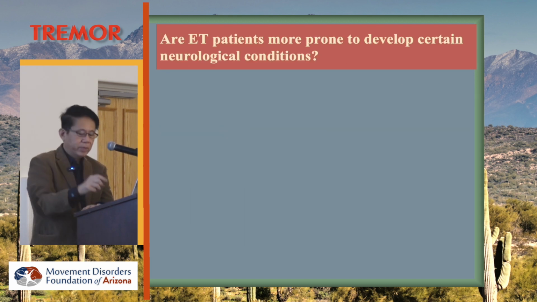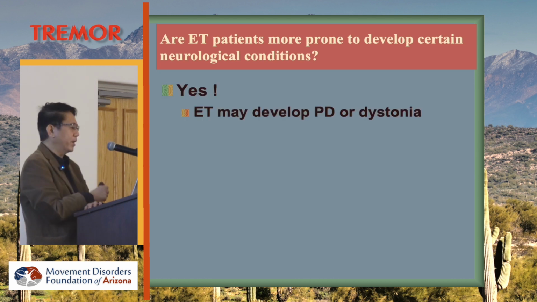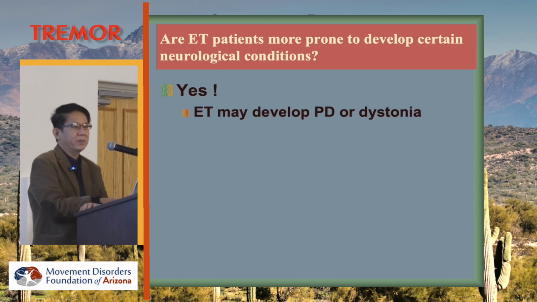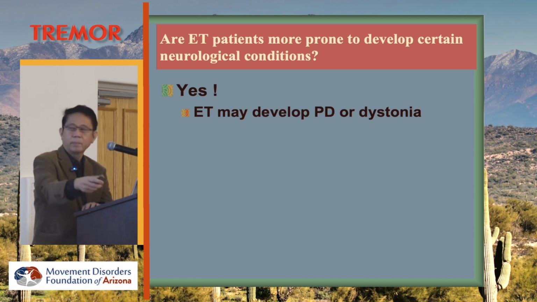And then when patients ask me, we've got a family history of ET, and we also have a family history of Parkinson's, so does essential tremor lead to Parkinson's in some individuals? The answer is yes. So it looks like if you have a family history of essential tremor, or if you have essential tremor, you are at higher risk for developing Parkinson's or dystonia down the road.